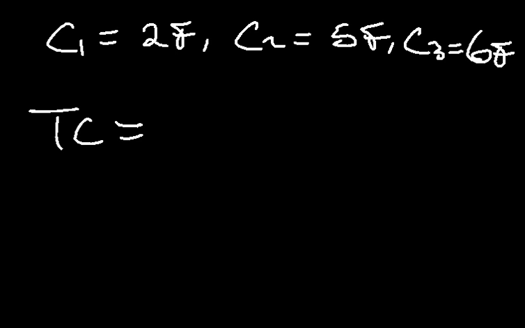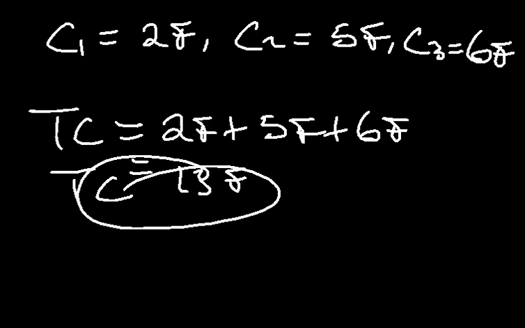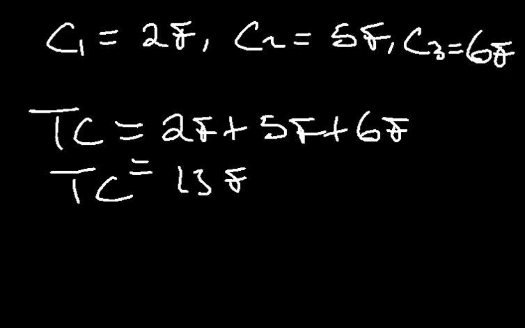Since they are connected in parallel, we'll have 2F plus 5F plus 6F. In this case, we'll have 13 farad. So as you can see, for capacitors connected in parallel, their total capacitance is always greater than the largest capacitor.